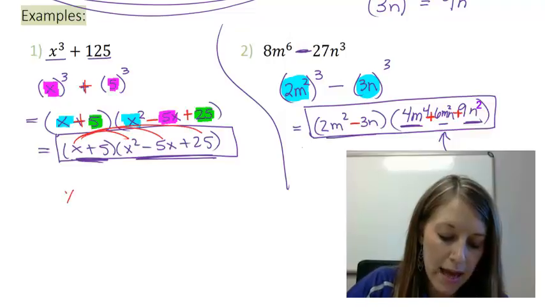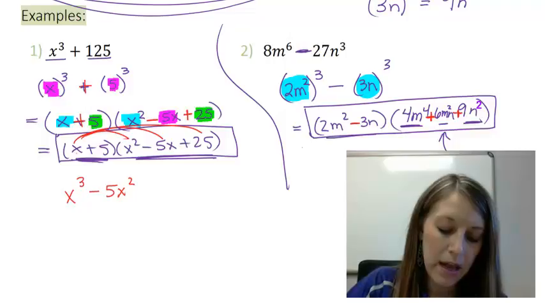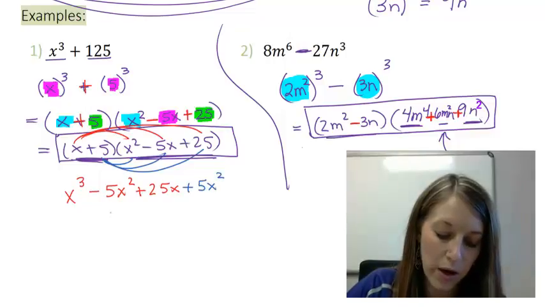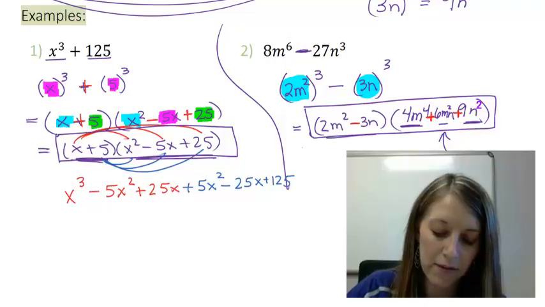That gives me x times x squared, or x cubed, x times negative 5x is negative 5x squared, and x times 25 gives me 25x. Then let me distribute my 5 through. So 5 times x squared gives me 5x squared. 5 times negative 5x gives me a negative 25x. And 5 times 25 gives me a 125.